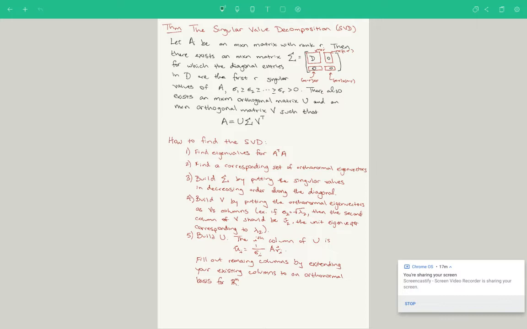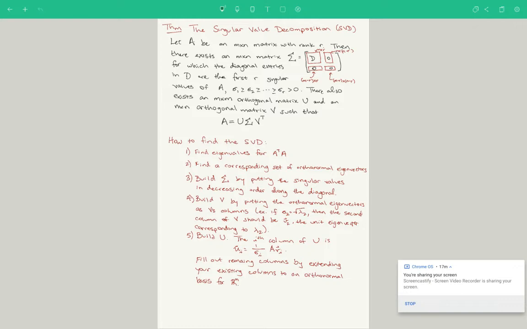Finally, we build our U, and the ith column of U is going to be 1 over the singular value times A times the corresponding eigenvector. That sounds complicated, but it's just a matrix multiplication. Then we fill out the remaining columns by extending our existing columns to an orthonormal basis for R^m.